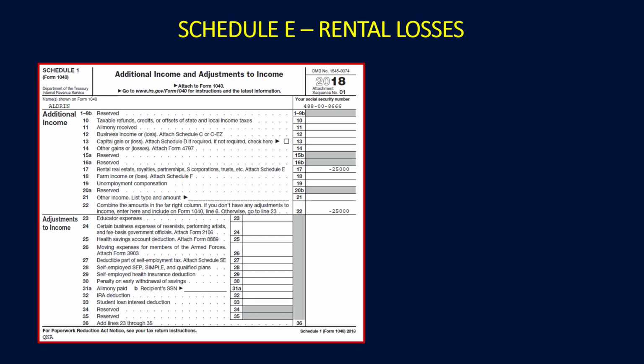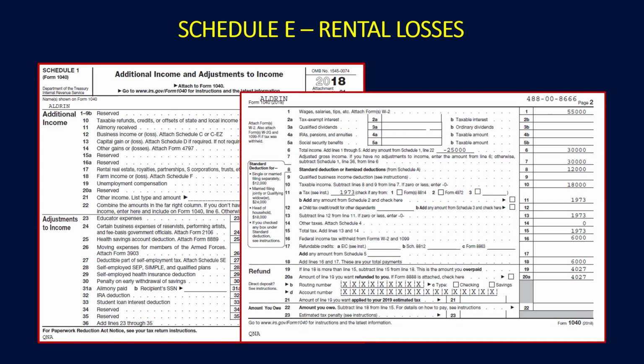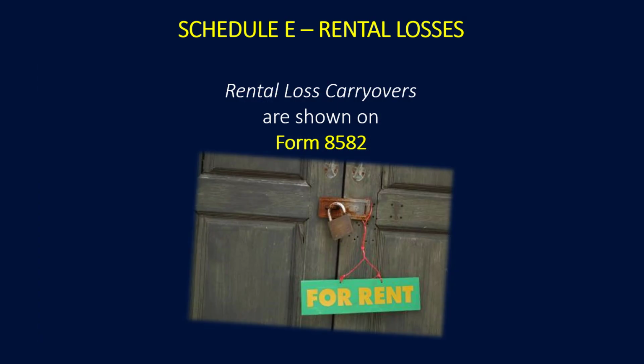So here's what we see on Schedule 1, line 17. That loss is limited to $25,000. And on the 1040, that amount flows to line 6. The rental loss carryovers are shown on Form 8582.